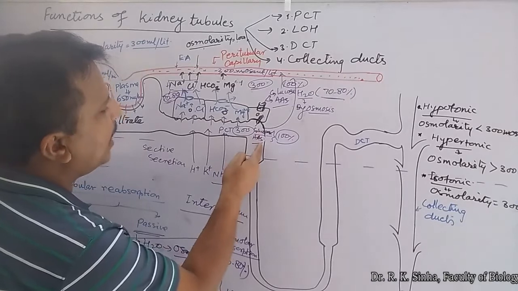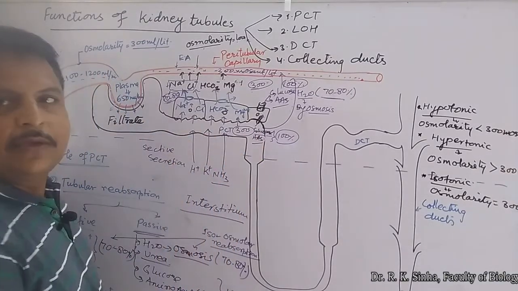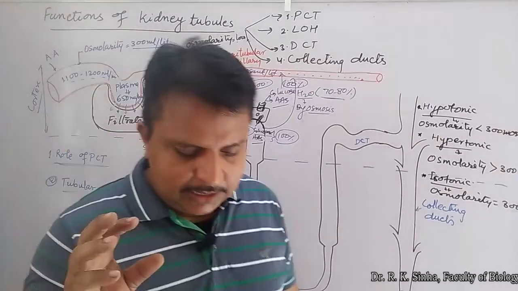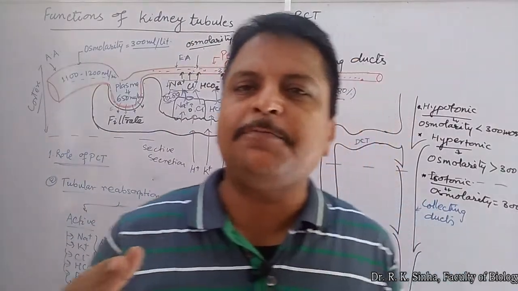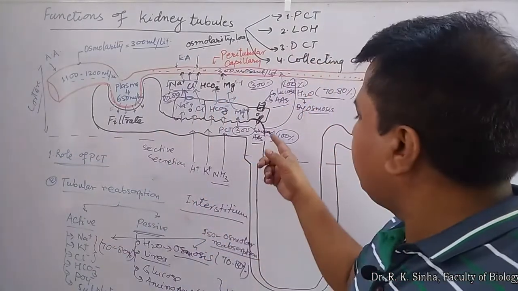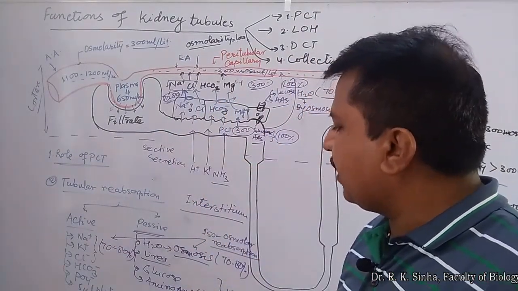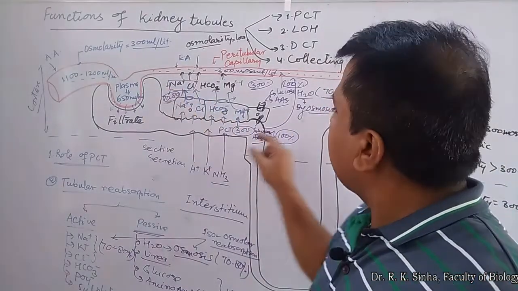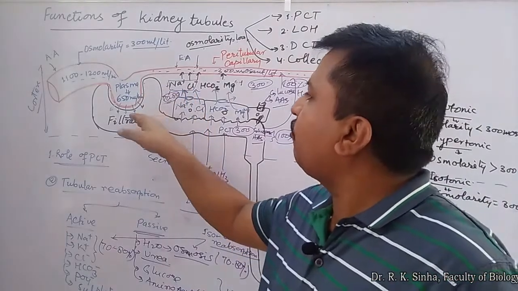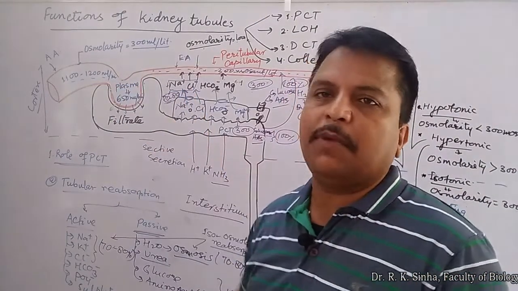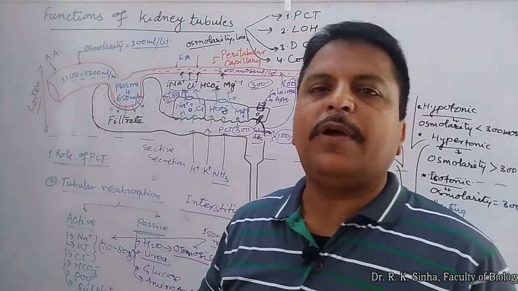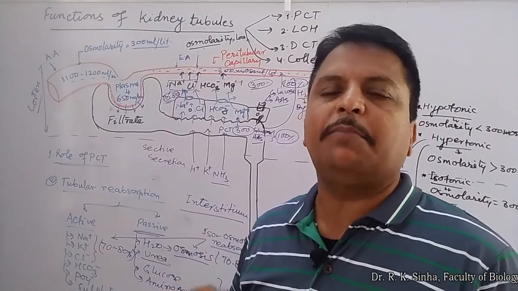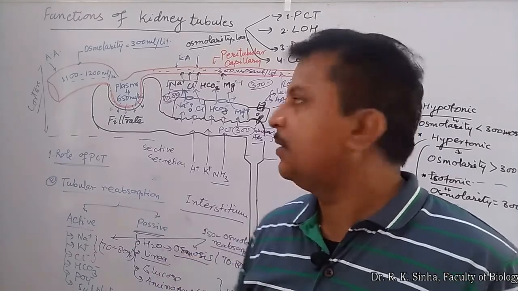Okay. Now what will happen? Why are this glucose and amino acid passing out? There is the renal threshold of these organic nutrients. These two are organic nutrients. There is a renal threshold value of this nutrient or other electrolytes in the renal plasma. The renal threshold value of glucose is 160 to 180 mg per deciliter, per 100 ml of the blood.